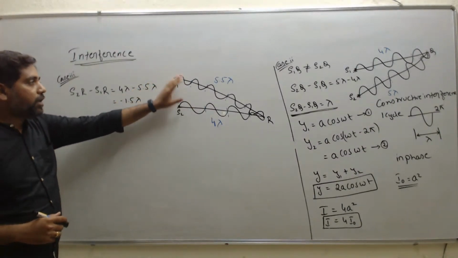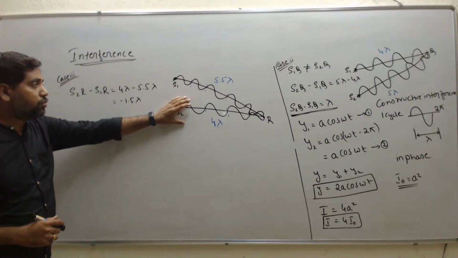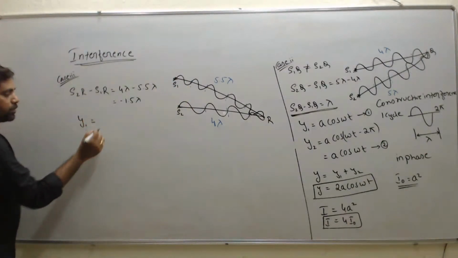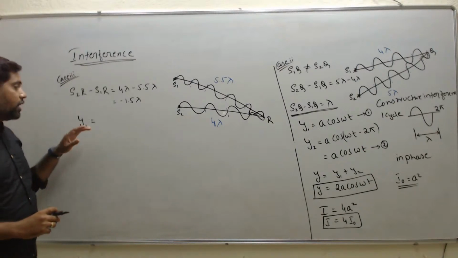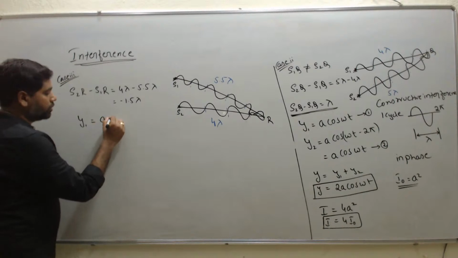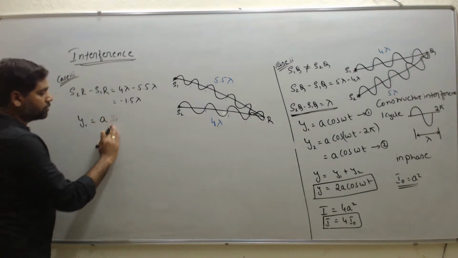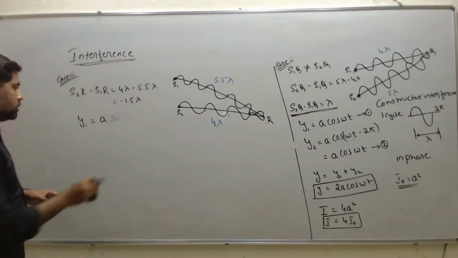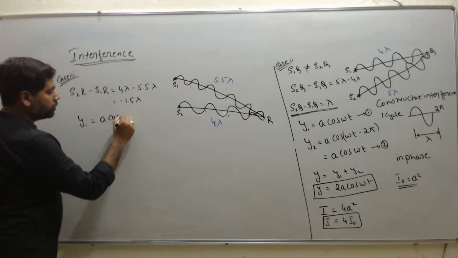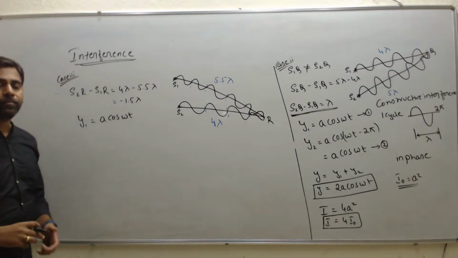If we write the displacement for these two sources, the displacement produced by the source S1, that is y1, equals a cos omega t.